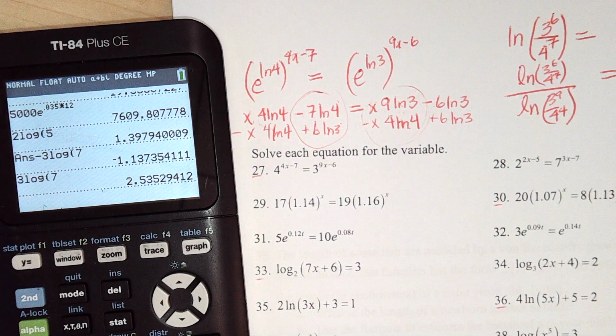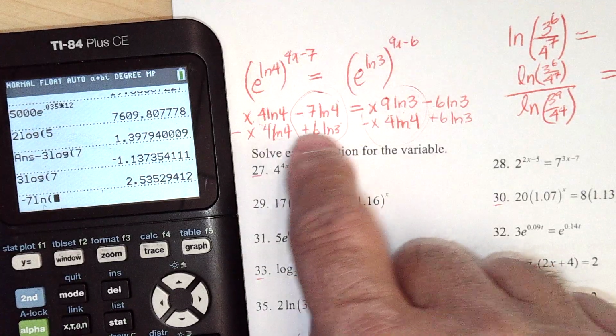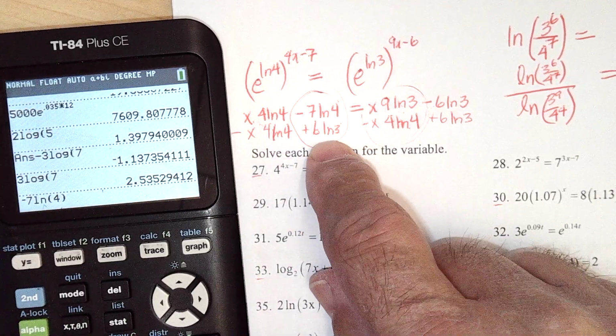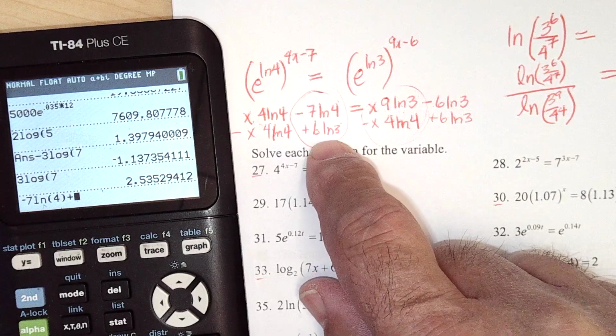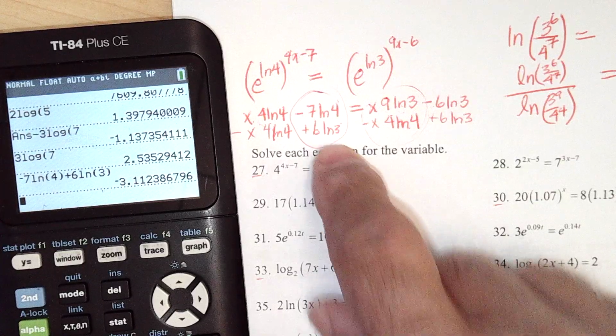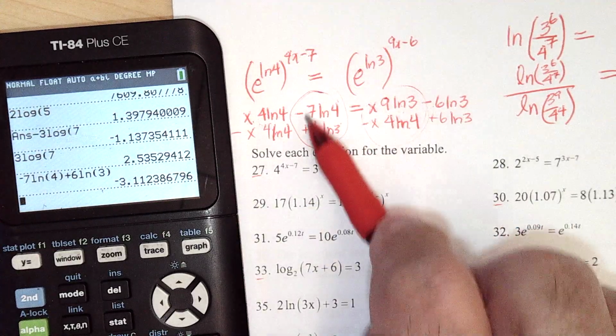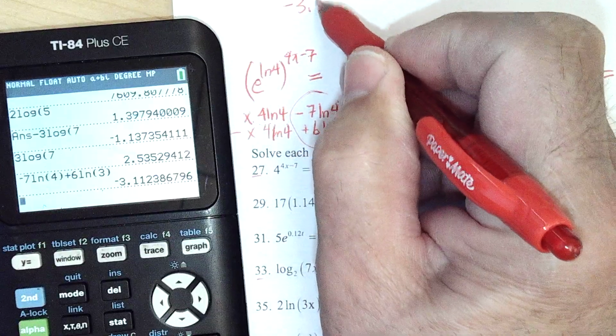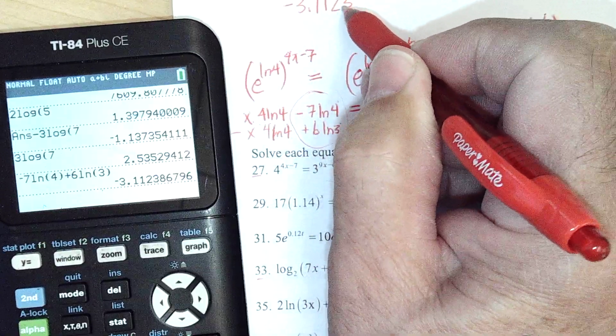So negative 7 ln 4, close parenthesis, plus 6 ln 3, enter. So this becomes negative 3.11238.